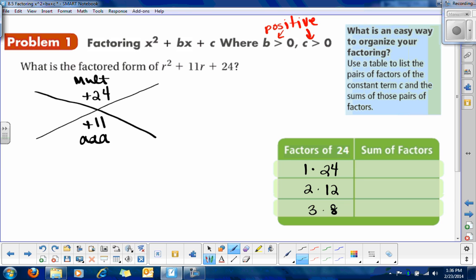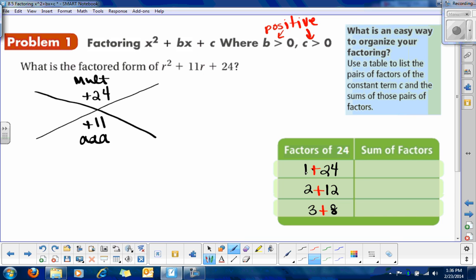So now we need to think, once we have all of our factors, which one of these pairs of factors, when I add them, will give me my b term, positive 11. Okay?